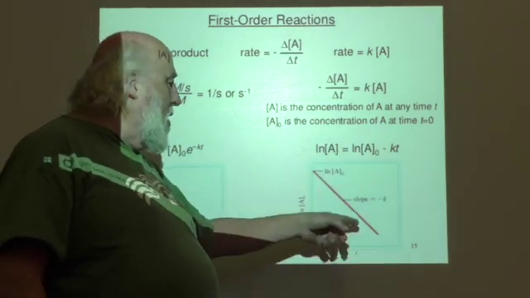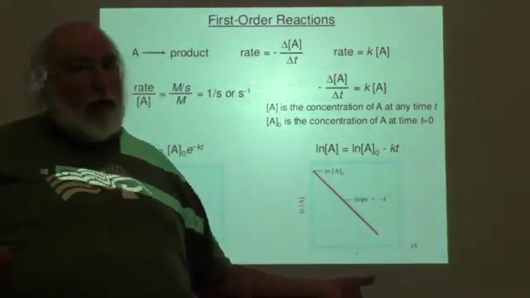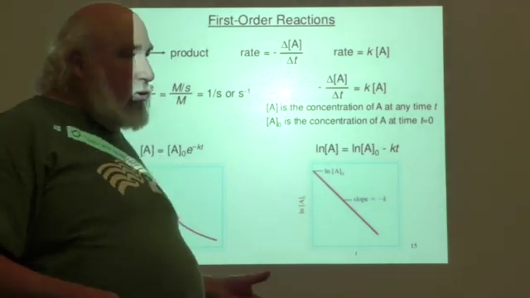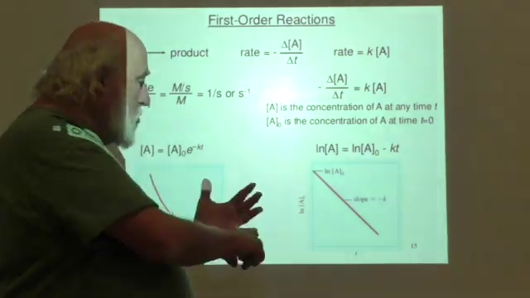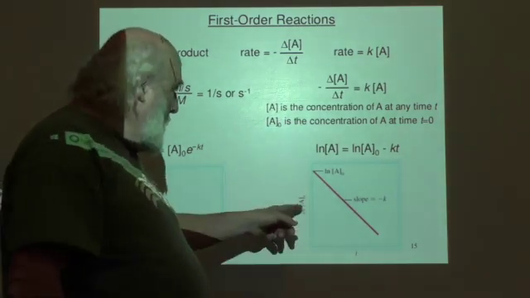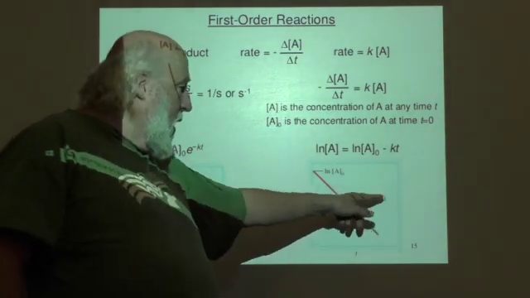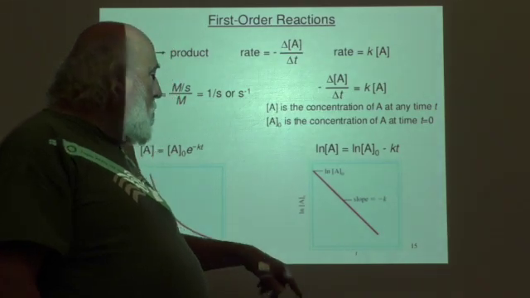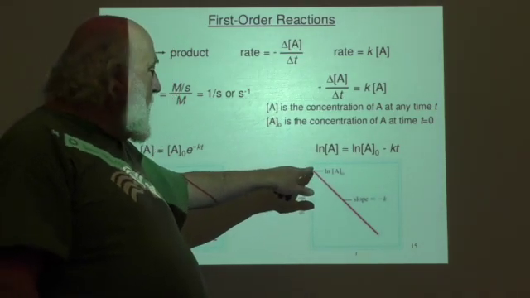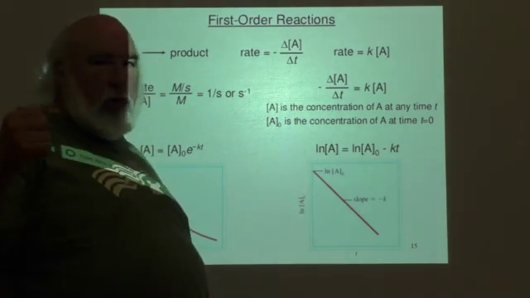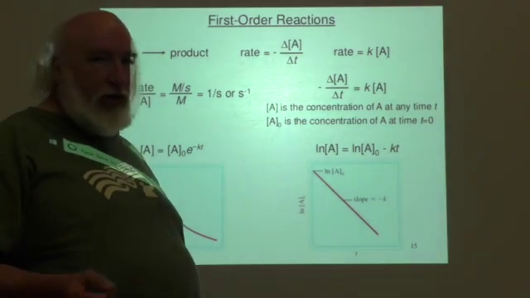So we have found the value k in a negative form. Okay, so now we're going to use negative k for a slope. So now we got natural log of A equals negative k times t plus the y-intercept. Well, here's the y-intercept right here. The y-intercept is the natural log of the original concentration, or the initial concentration.